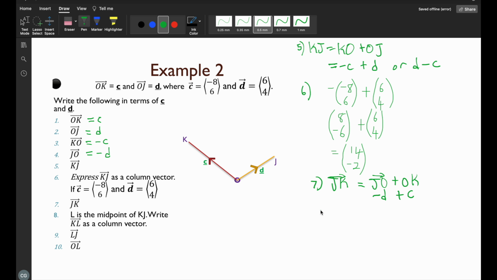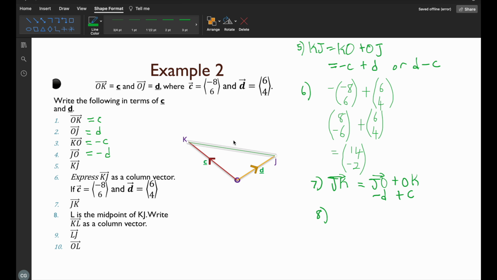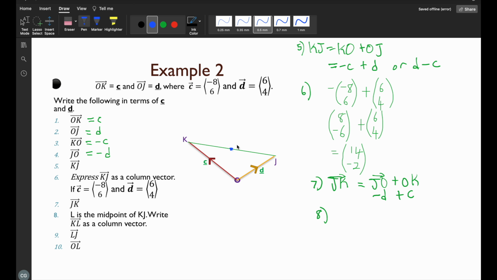Number 8. L is the midpoint of KJ. So let's say we had a line KJ with a midpoint L. We want to write KL as a column vector. KL is half of KJ.